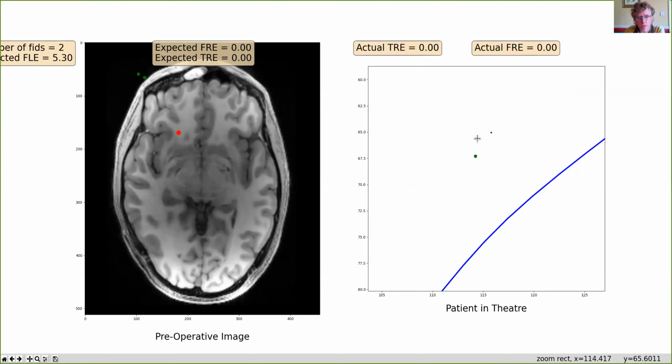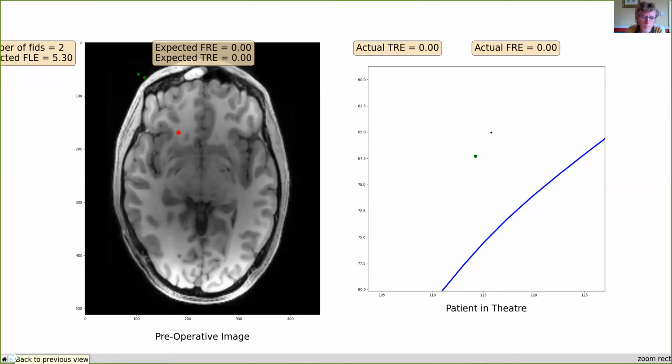But in practice, there's always an error in localizing these things, and that is known as the fiducial localization error. This particular example is running with a fiducial localization error with an expected value of 5.3 millimeters. It's a two-dimensional error, it's isotropic, it's normally distributed. As we place different markers, we'll get different errors.